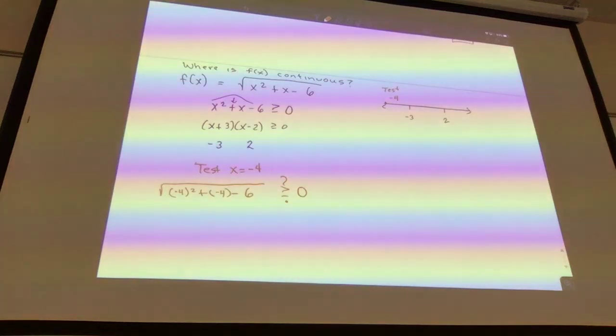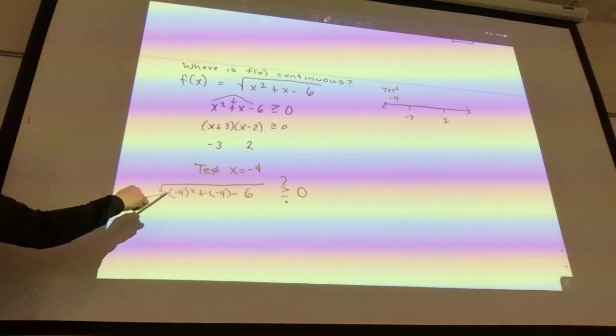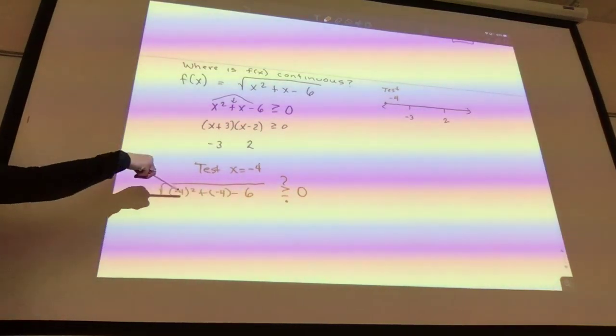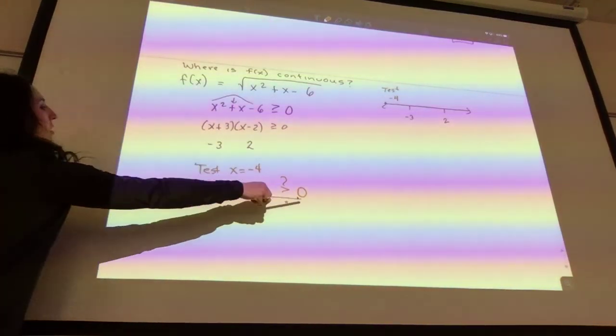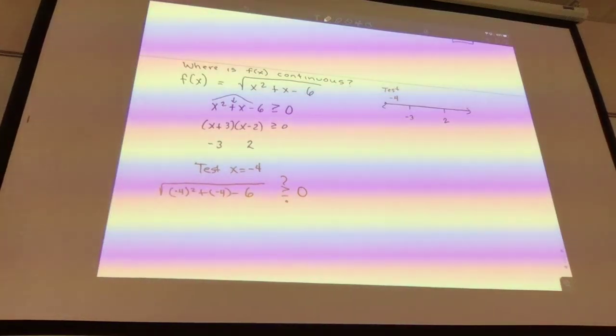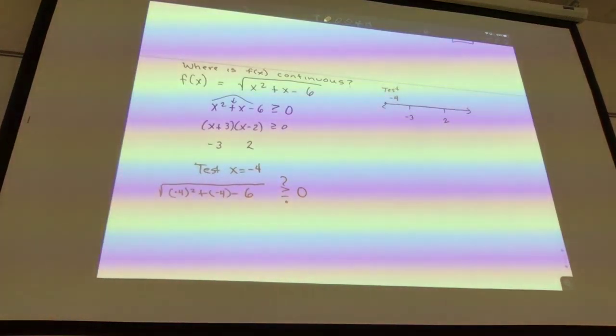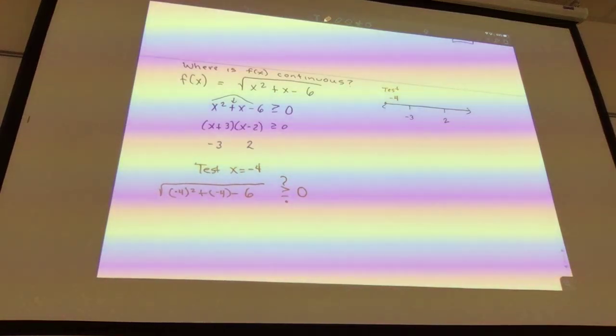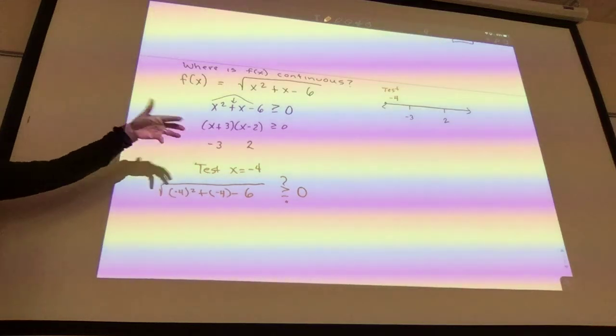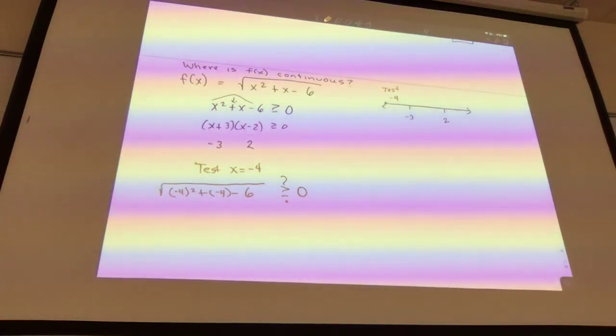We're going to individually test each interval, using the points we found, the factors. We test to the left of them and to the right of them, because we know that's where things happen.